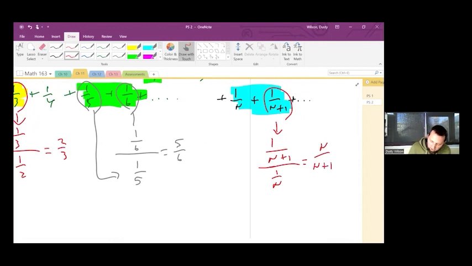And notice that as n goes to infinity, n/(n+1) equals 1.